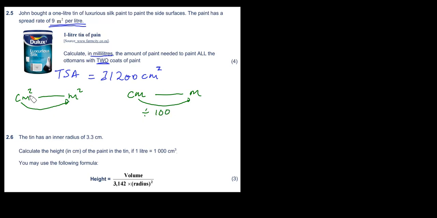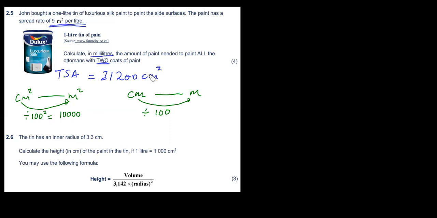Since we're saying centimeter squared to meter squared, it's also 100 squared, which is just 10,000. So always remember that if you are to move from centimeter cubed to meters cubed, you also cube the conversion factor. That's what you just need to do.